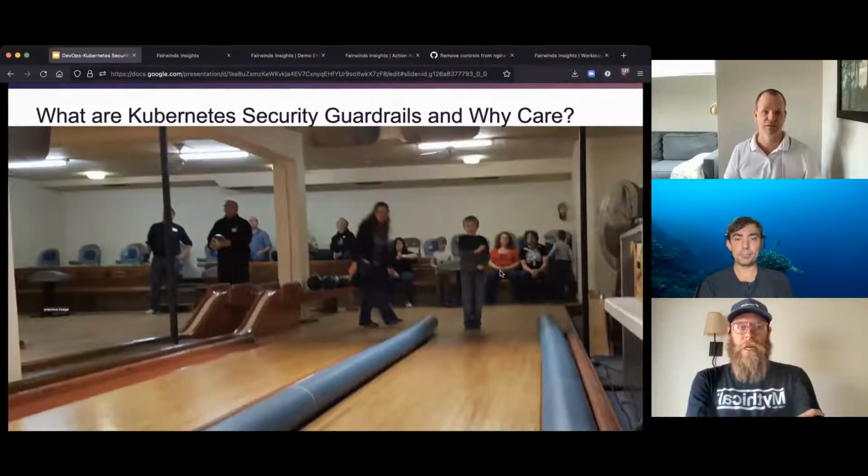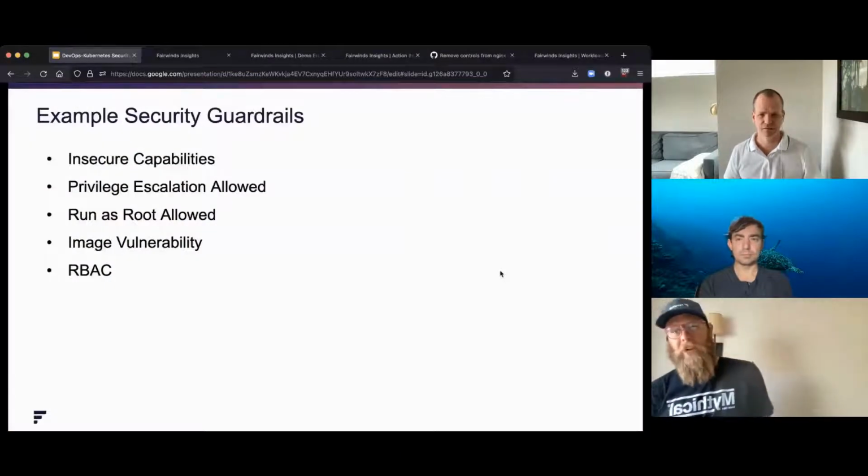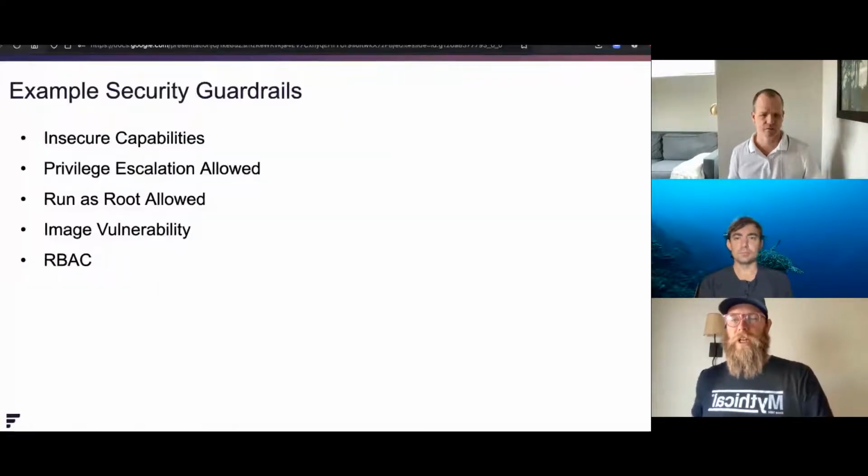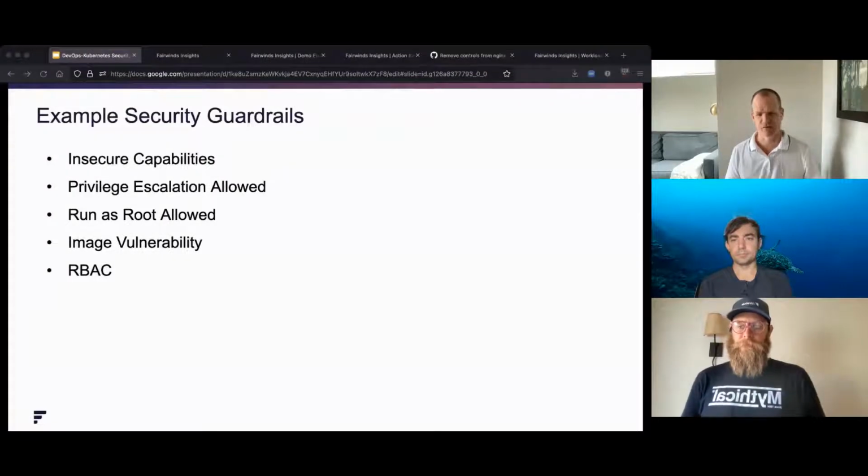Great. Yeah, so let's talk about some very specific security guardrails. Let's give some examples of insecure capabilities, and which of you wants to dive in on that one to start? Yeah, sure. What we mean here by capabilities is essentially granting a privilege to a container running in Kubernetes without that container necessarily having to run as root, or what we think of as the administrative user on a Kubernetes node.